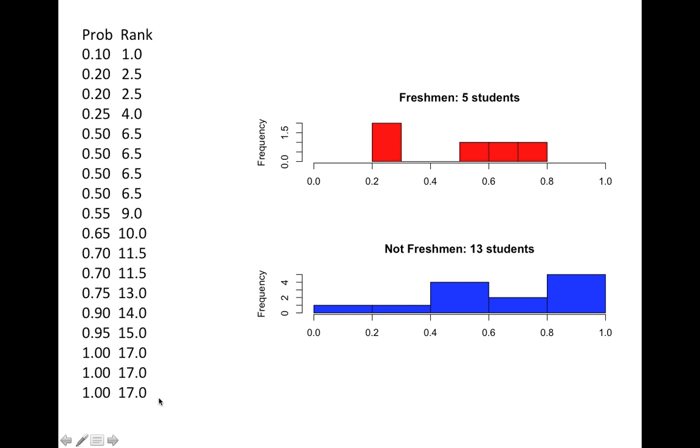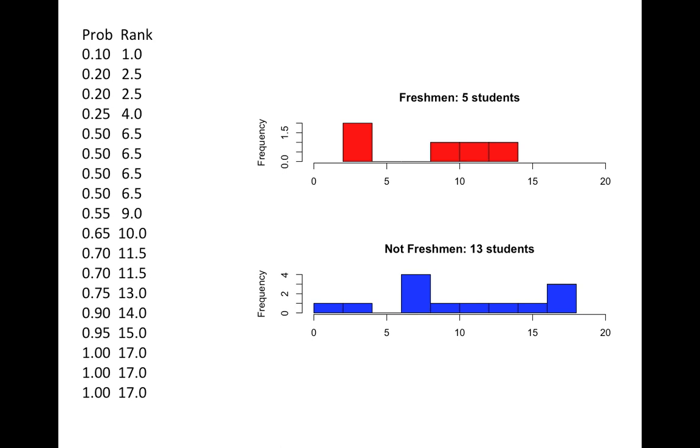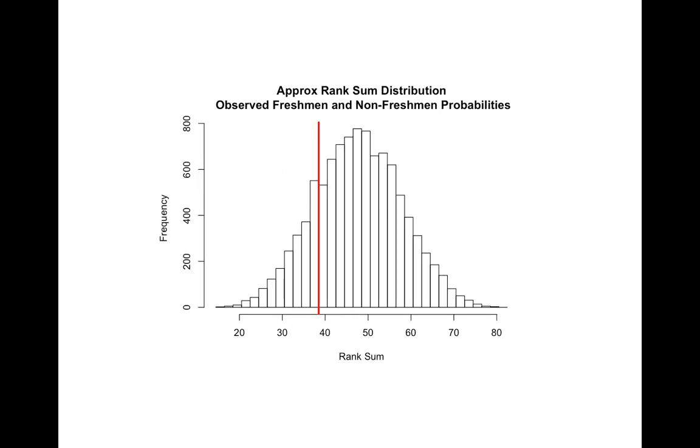If I make pictures based on the ranks, here are the ranks of the freshmen's probabilities and the ranks of the non-freshmen's probabilities. If I do the rank sum test and look at all the possible allocations, and this is actually approximately all the possible allocations because there are so many, many thousands of possible ways to allocate 5 and 13, I just have a subset here.